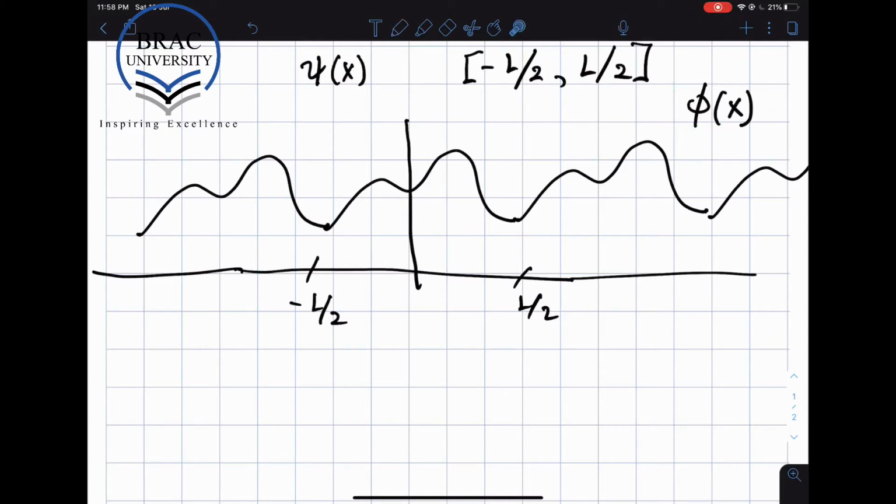When we restrict phi of x to the segment from minus L by 2 to plus L by 2, it gives me the original function psi of x.